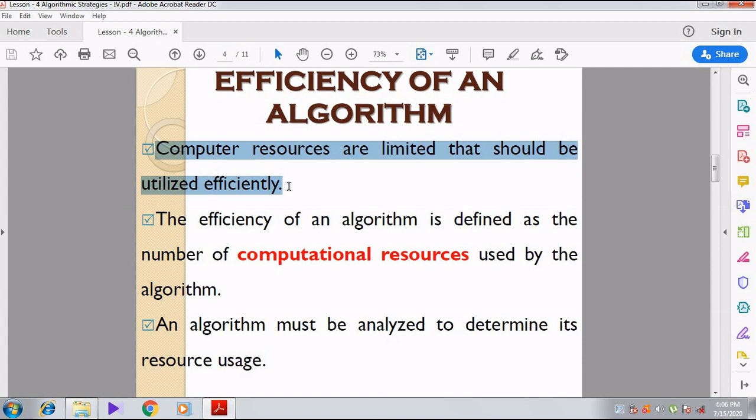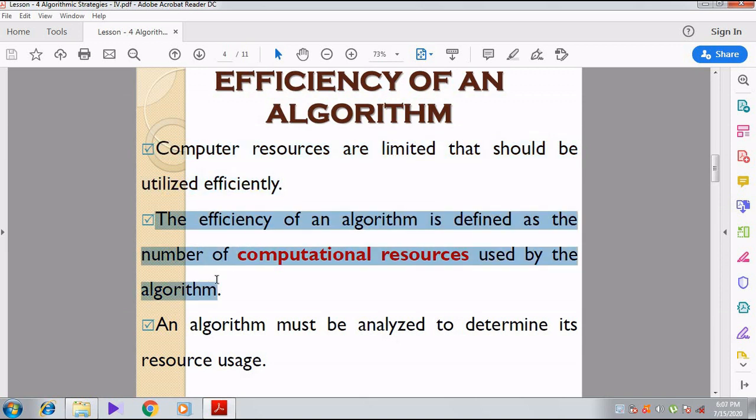The efficiency of an algorithm is defined as the number of computational resources used by the algorithm. So to find the efficiency, we look at how many resources you are using to execute a particular algorithm, and what resources are involved in it.